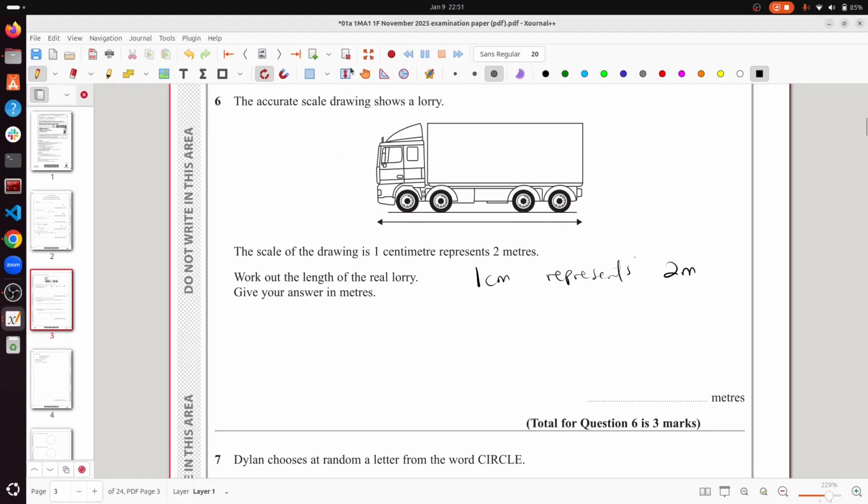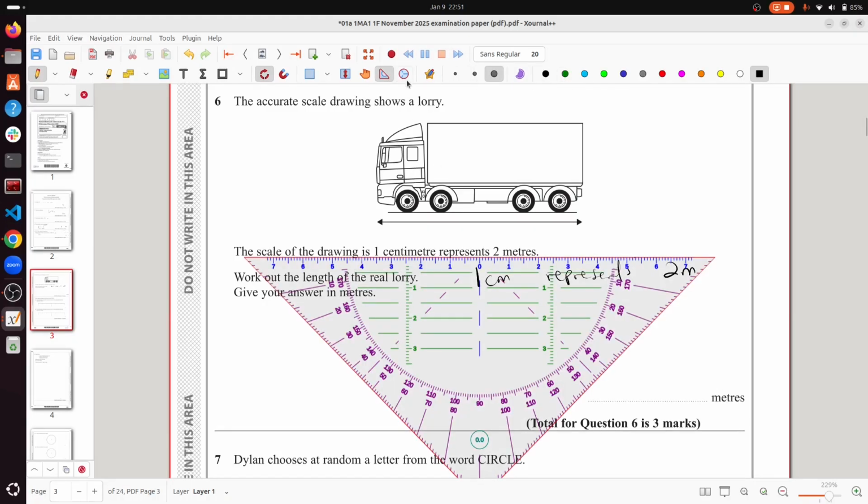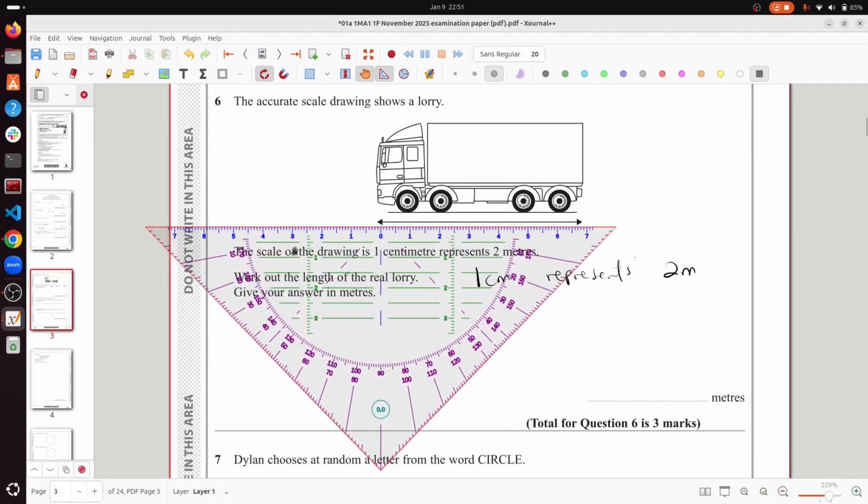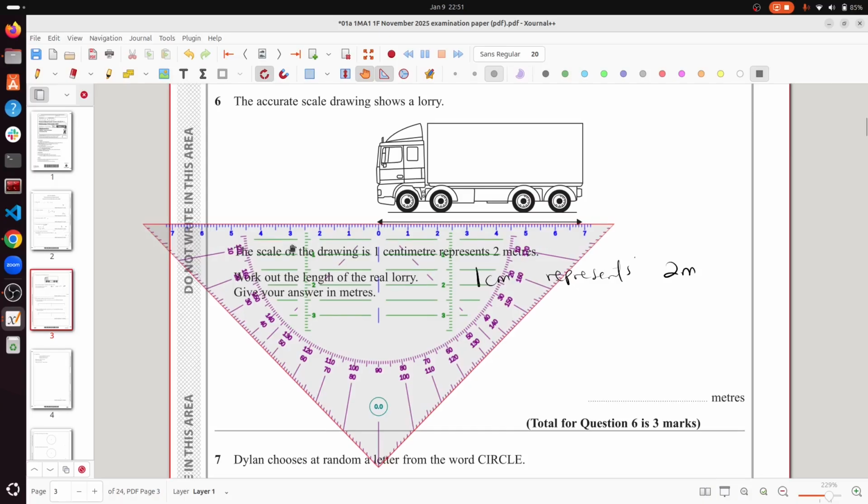So what we need to do is to use a measuring rule, which I don't have, but I'm going to improvise. So I'm going to use this set square to measure it, and then we need to align a 0 point and make sure we measure accurately as much as we can.